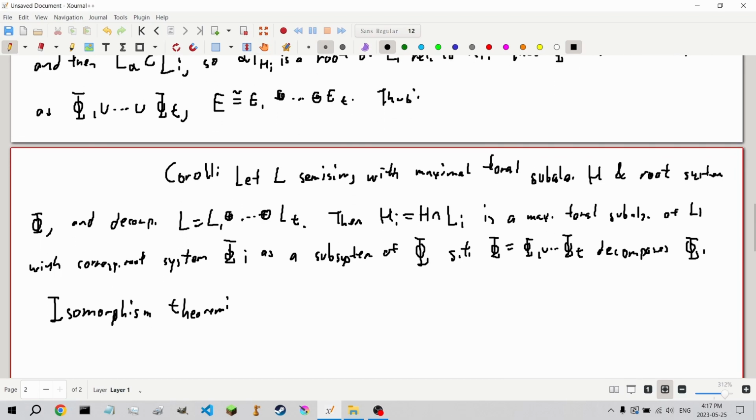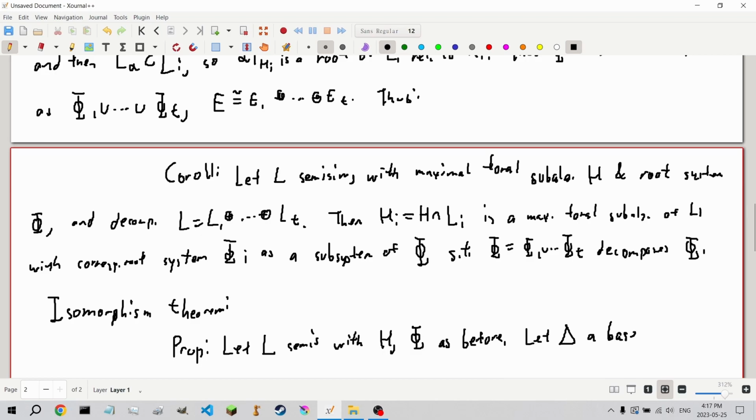So, proposition. Let L be a semi-simple Lie algebra with H being a maximal toral subalgebra and Phi being a root system of L relative to H as before. Let Delta be a base of our root system.